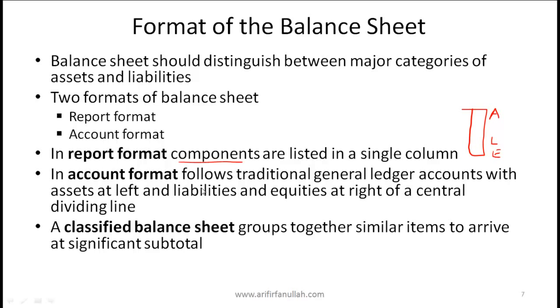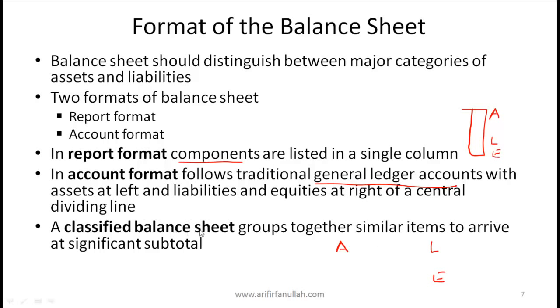In an account format, which is more traditional, we basically follow general ledger accounts with assets on the left and liabilities and equity on the right of a central dividing line. So many of us have seen this: assets on the left, liabilities and equity on the right.